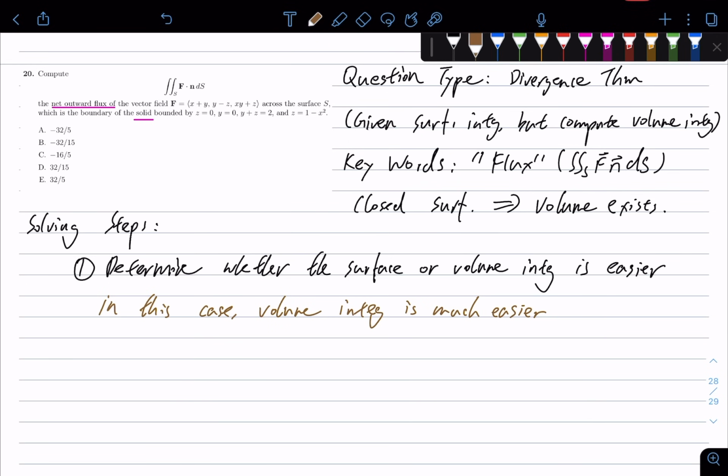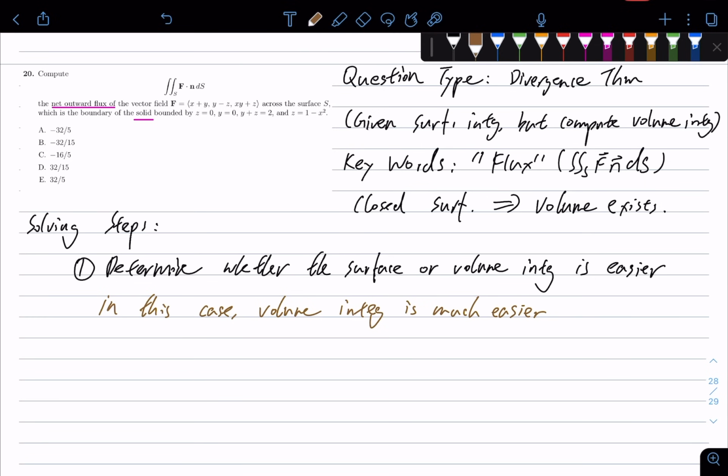So for most, if not all, divergence theorem problems, right, there are multiple surfaces to an object. Maybe an exception will be a sphere. Maybe that will be a bit easier, but I would rather take a triple integral in spherical coordinates than trying to parameterize crazy things to parameterize that sphere surface.